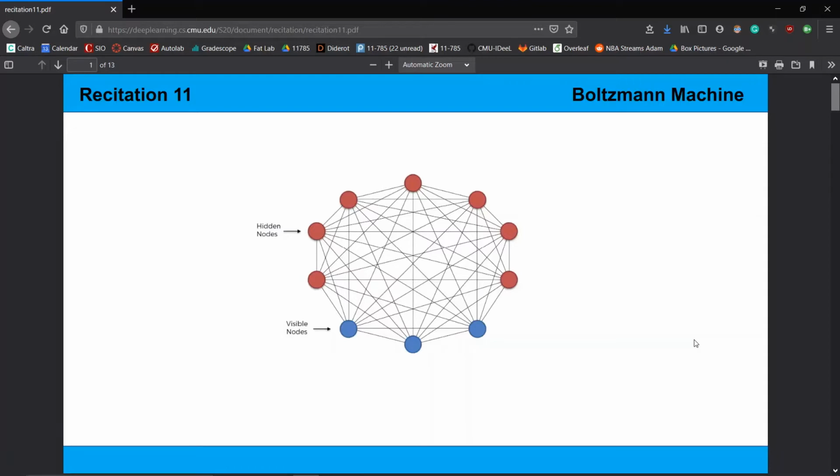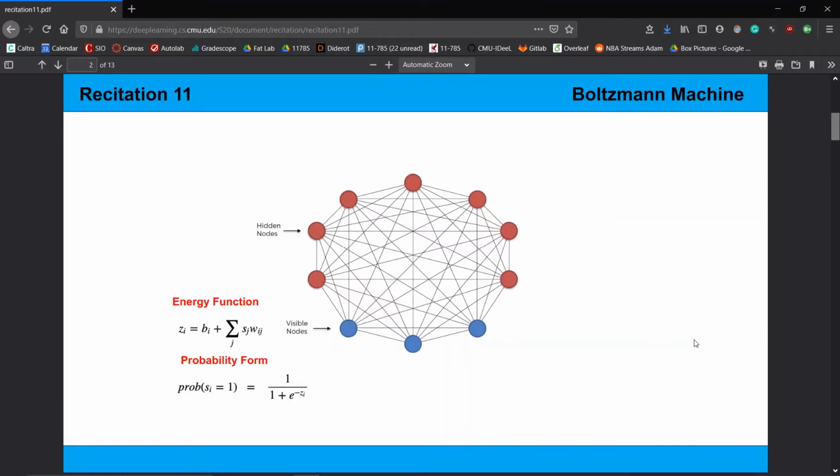The Boltzmann machine was created by Dr. Hinton in 1985, and it was a generative model involving learning probability distributions from data sets. Here you'll see the Boltzmann machine formulas, where each node has two states, 0 or 1, and one has the ability to update its state.